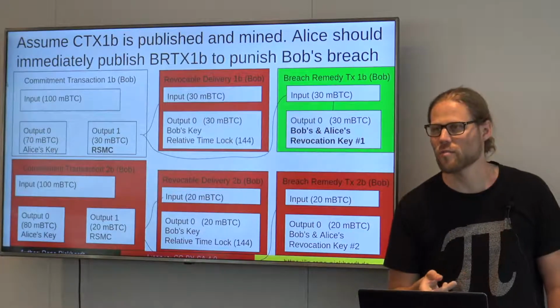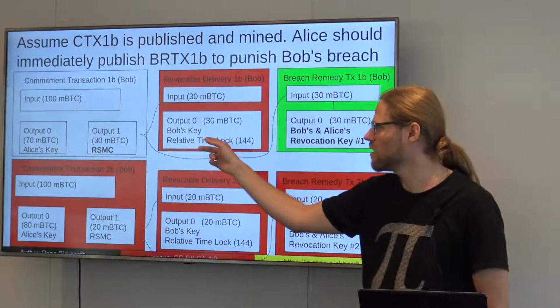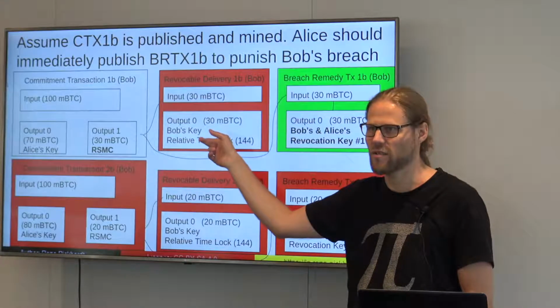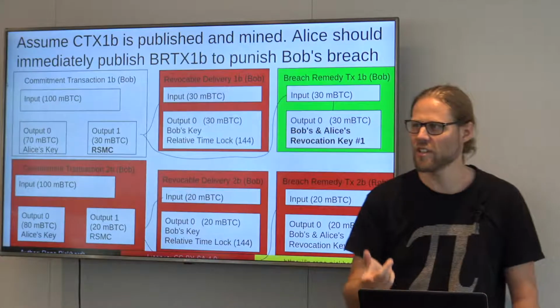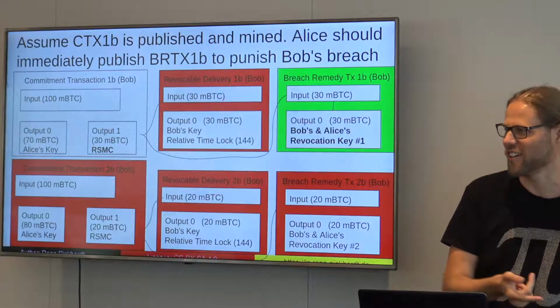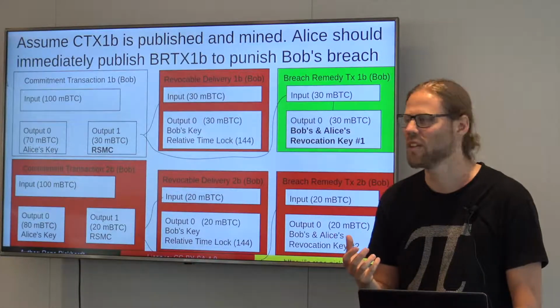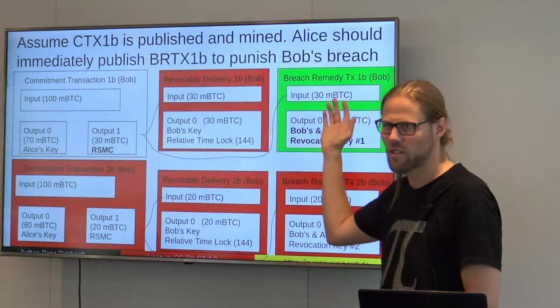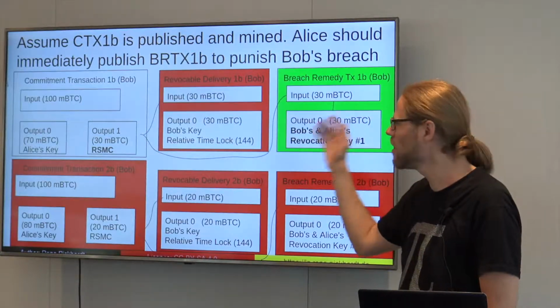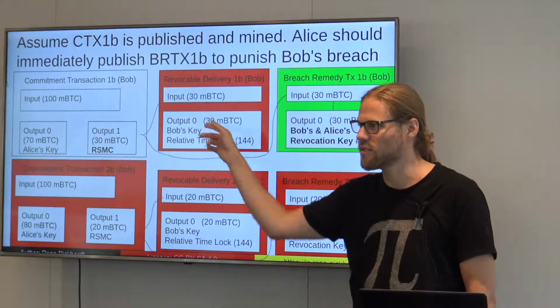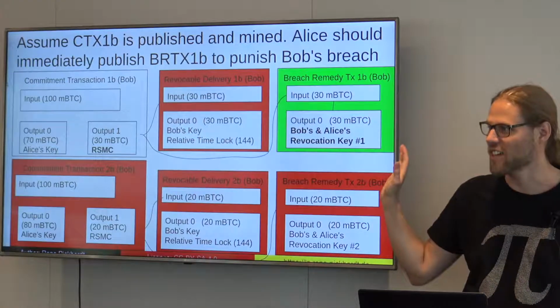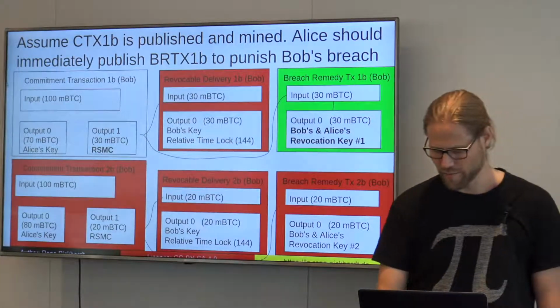If she does not do this, by the way, Bob can, after the time lock, get his funds. Right? This is the reason why Lightning nodes need to be online. If the Lightning node goes offline for a certain amount of time, and the time lock is gone, let's say Alice's node is offline, then Bob could still get his funds and publish an old state. But that's a gamble, right?